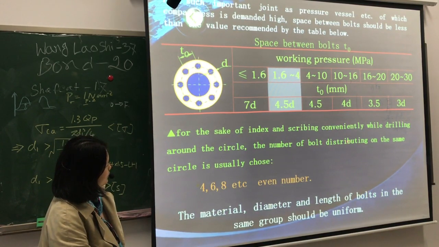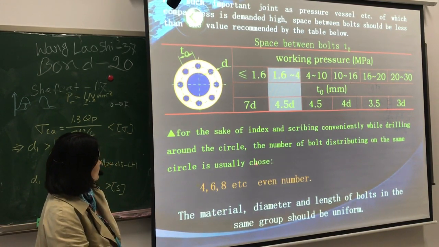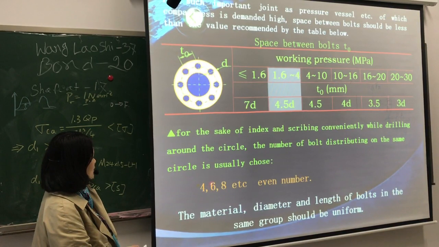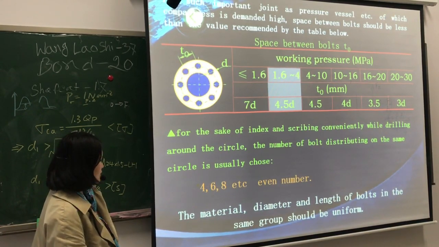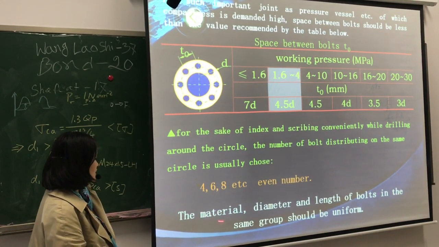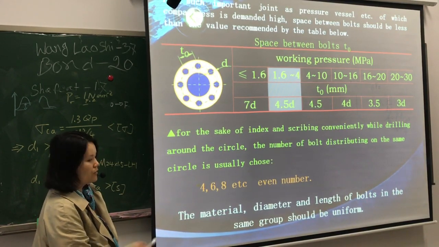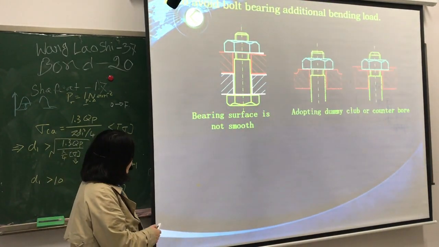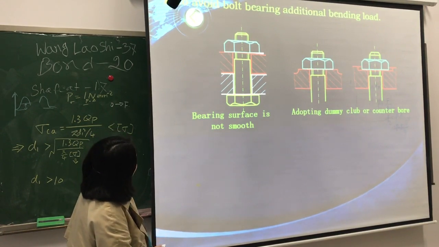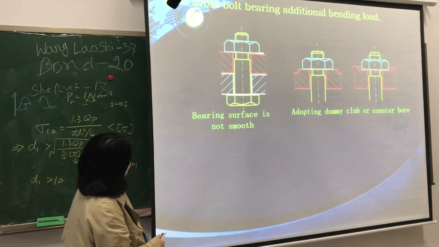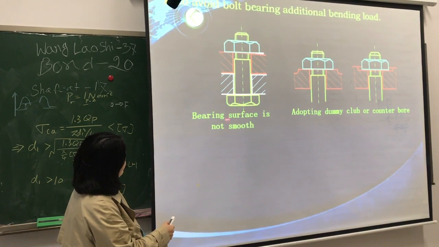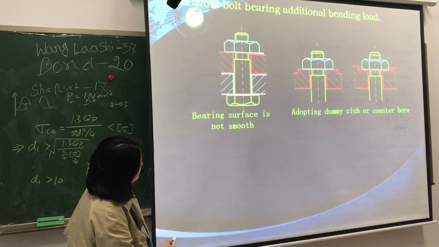The number of bolts distributed on the same circle is usually chosen as 4, 6, 8, an even number. And the material, diameter and length of the bolts in the group should be uniform, to avoid the bolt bearing additional bending load when the surface is not smooth.